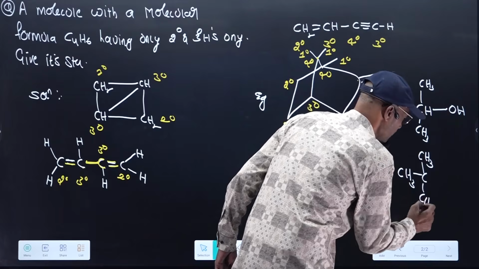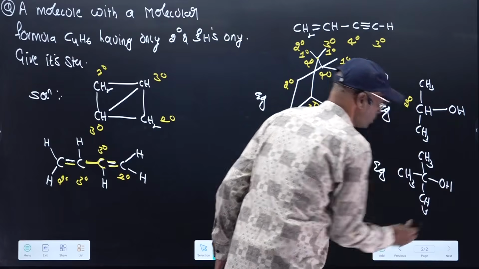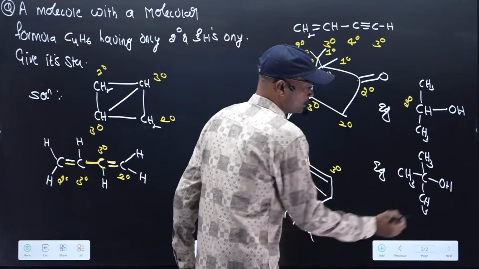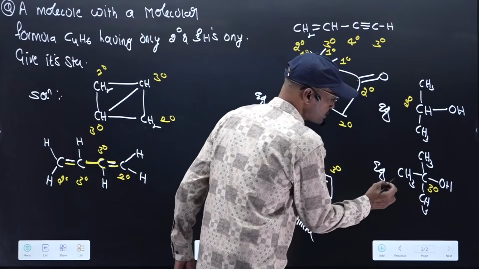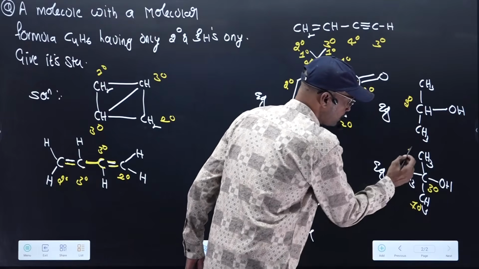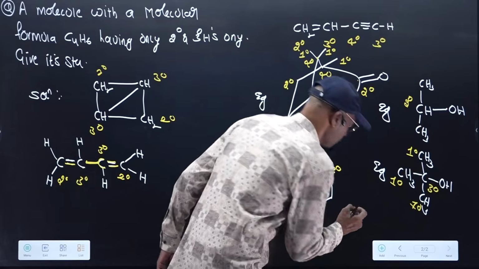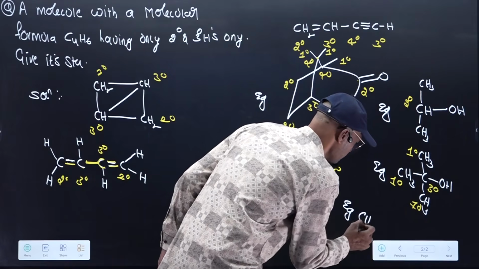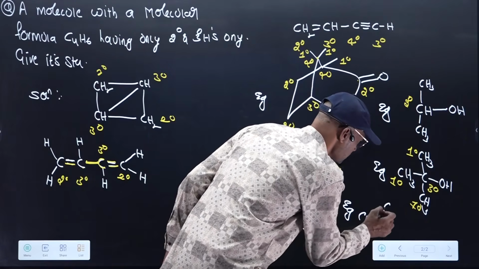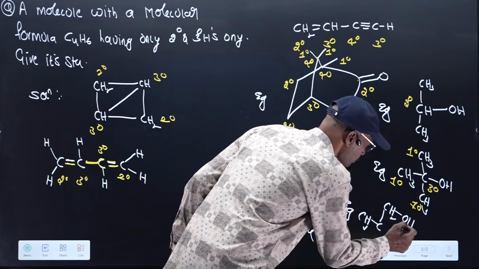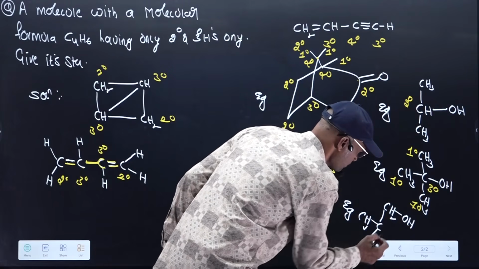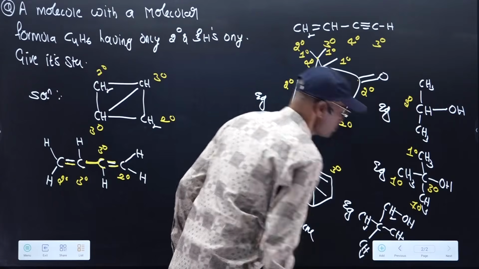Suppose I write this alcohol: this is CH3, and this is CH3, and this is OH. Now which carbon is this? This is a tertiary carbon. How many primary are there? Primary, primary, primary. Now, if you observe clearly, this is CH3, CH2OH. Now this is CH3, and this is CH3. Which alcohol is it?